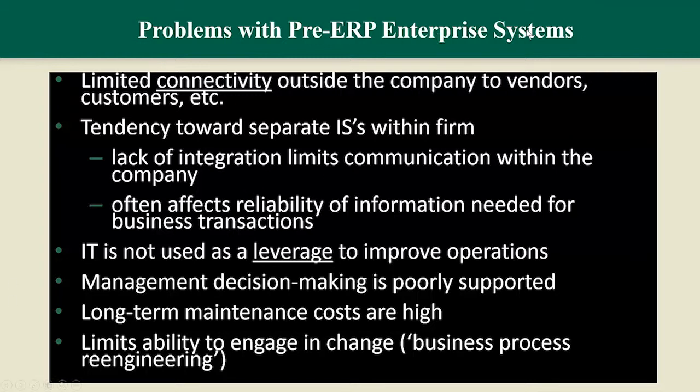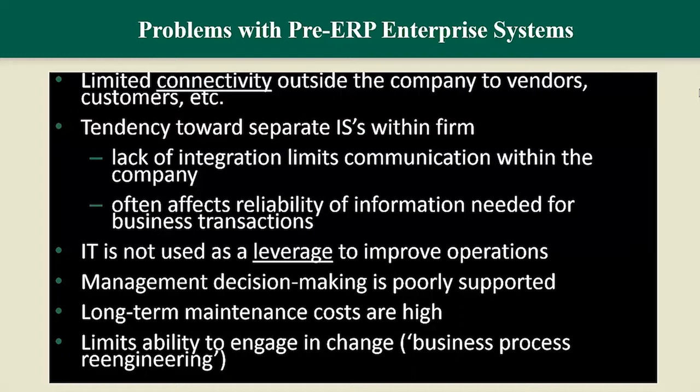Problems with pre-ERP systems: limited connectivity outside the company to vendors and customers, tendency towards separate information systems within the firm. There's a lack of integration that leads to limited communication within the company. Often this affects the reliability of the data or information needed to conduct business transactions.